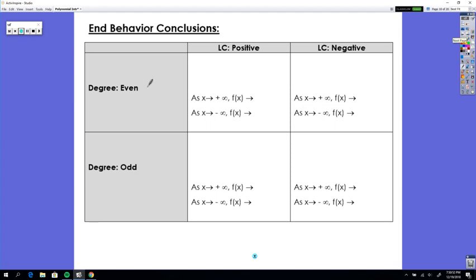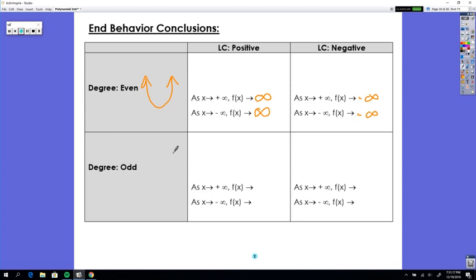So when you have an even degree, think about your quadratic function, all right? When you have an even degree, both of your endpoints are going the same direction. When the leading coefficient is positive, that direction will be positive infinity and positive infinity. When our leading coefficient is negative, this will be negative infinity and negative infinity.